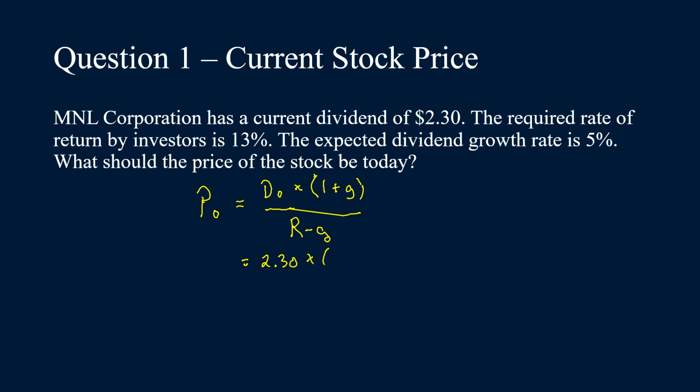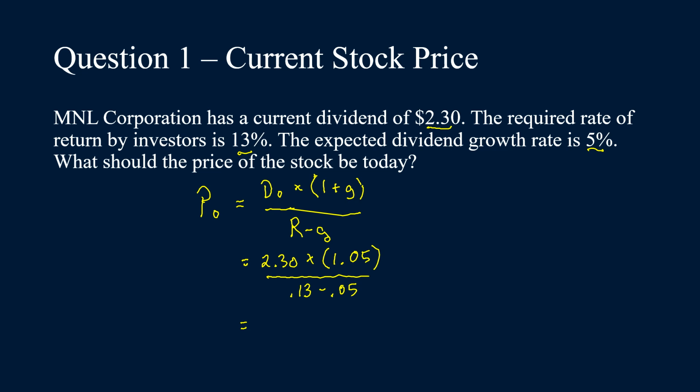We times that by 1.05, because our dividend growth rate is 5%. And then we divide that by our required rate of return, what the investors want, which is 13%, minus our growth rate, which is 5%. And we can simply just put those into the calculator and get those numbers.